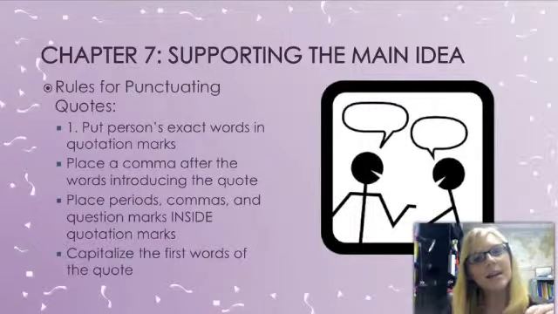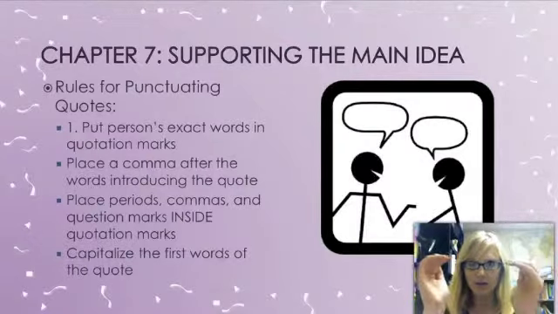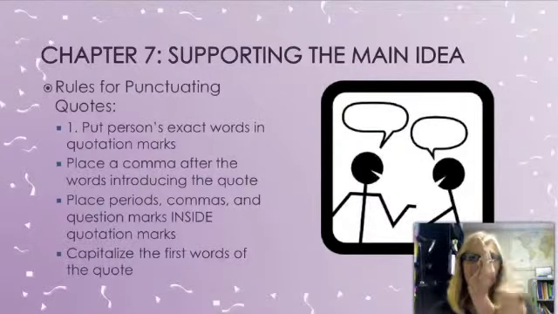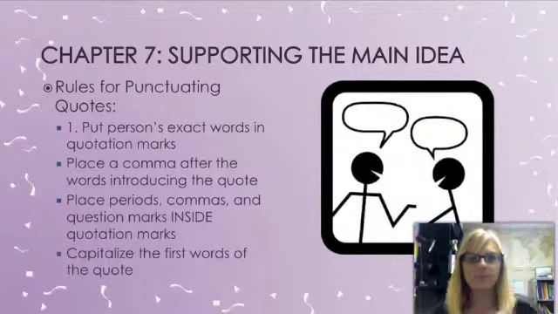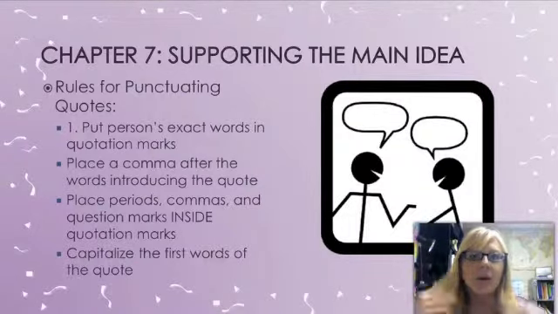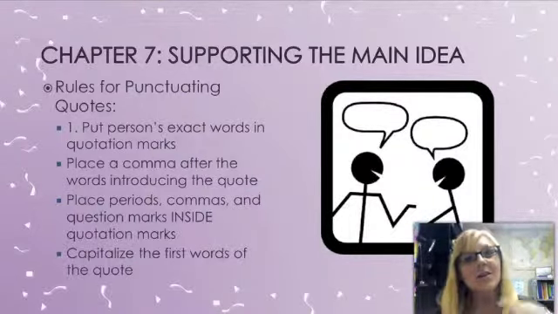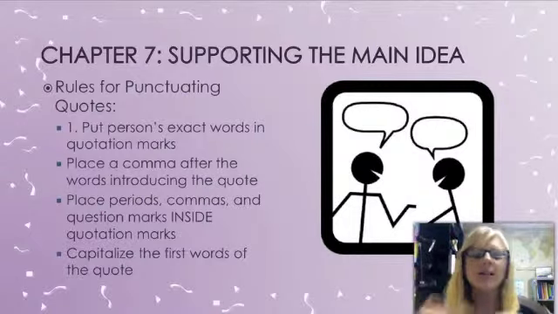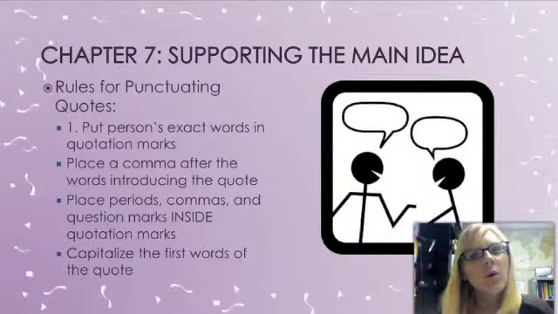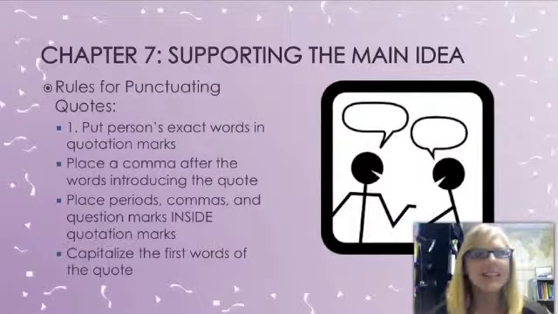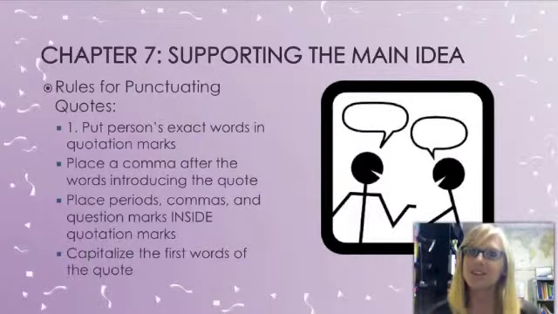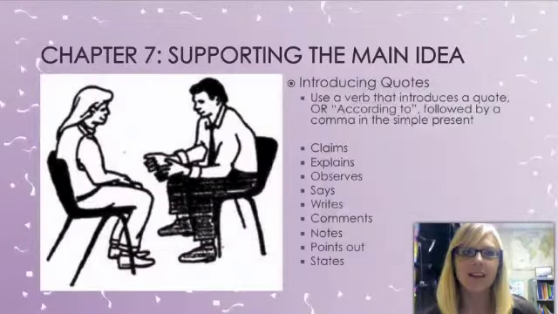Also, placing periods, question marks, exclamation points inside those quotation marks. So not on the outside, but on the inside. And then also capitalizing the first word of a quote, because usually the first word of a quote is the first word of a sentence. So it only makes sense. You're going to capitalize the first word of the sentence. So you're going to capitalize the first word of a quote as well.